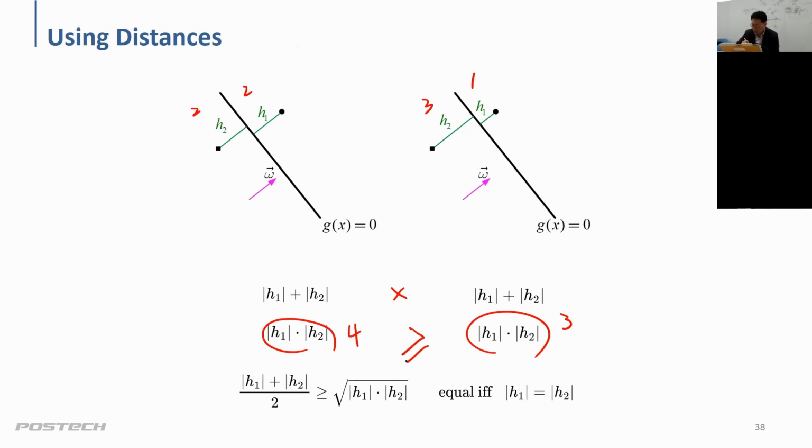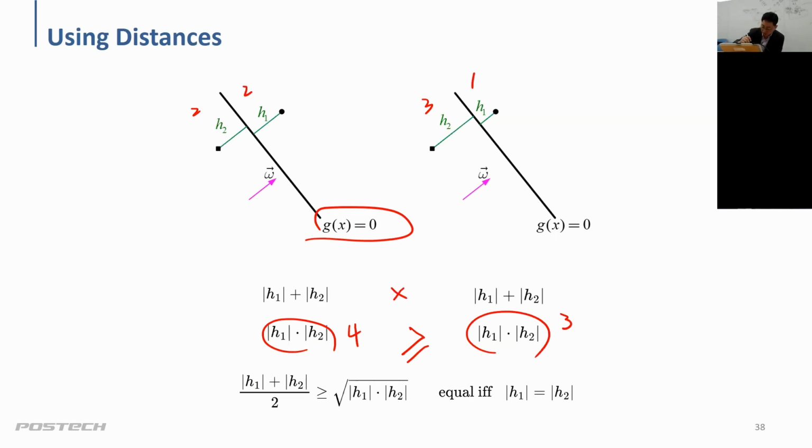So even though we test only 2 data points, this gives us the suggestion that we do distance multiplications and pick the larger one. Probably that will give us better classifiers than the other one. That's the motivation that we can think of.